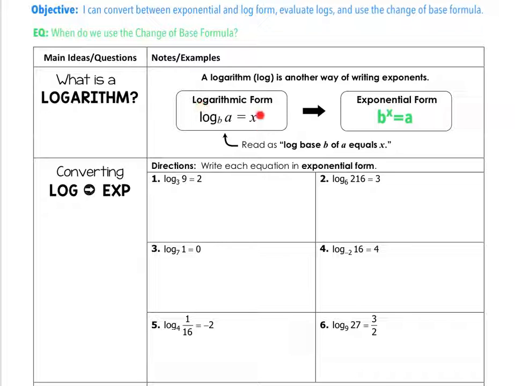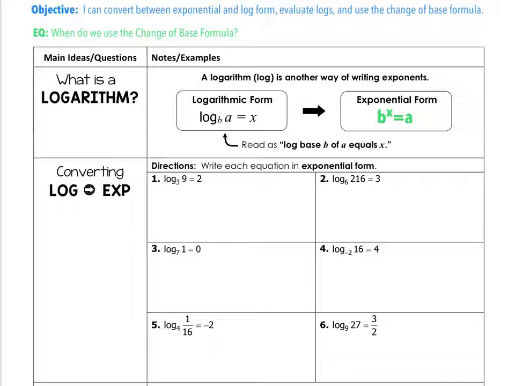Let's look at where the pieces come from when we go from logarithmic form to exponential form. Let's think about the words that we use, log base b. When I look over here, b is the base. So that makes sense. Log base b of a equals x. So the x is the exponent in the exponential form, and the a is what that expression is equal to.